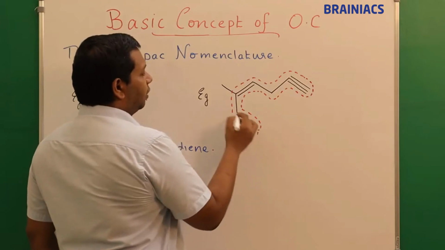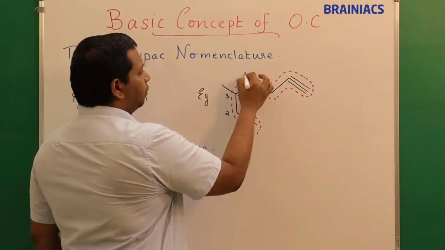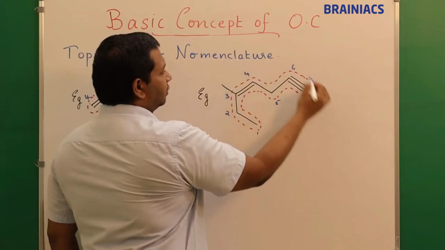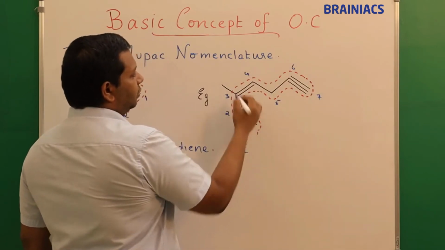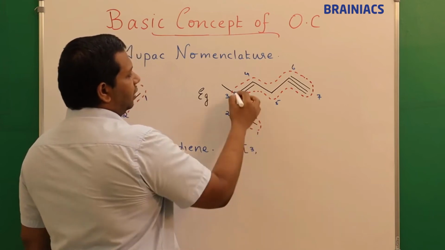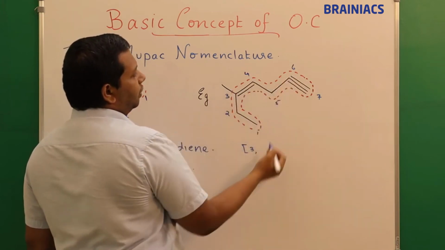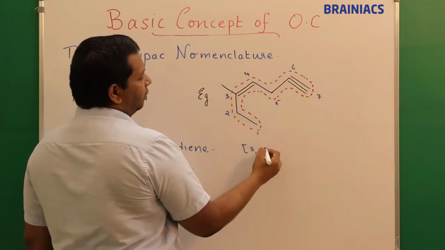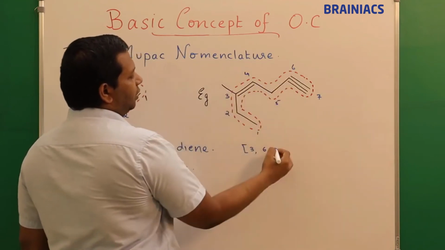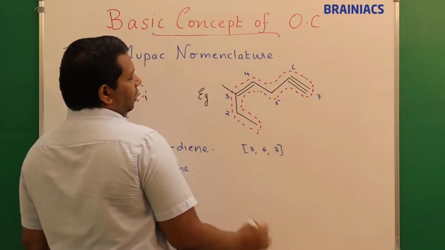Let me start numbering from here: 1, 2, 3, 4, 5, 6, 7. What is the locant of the double bond? You know that 3 is coming, correct? Then for the triple bond, the locant is 6, then the substituent you have at 3 again, correct?